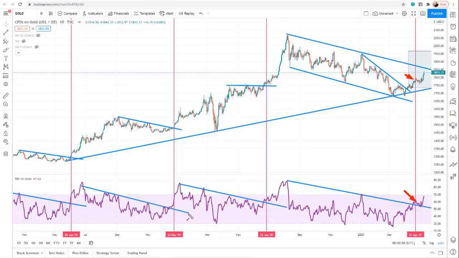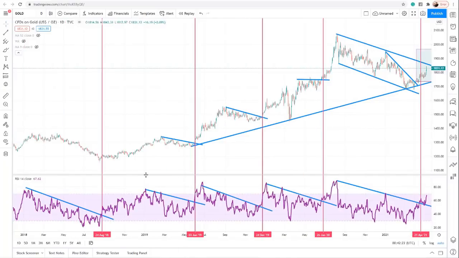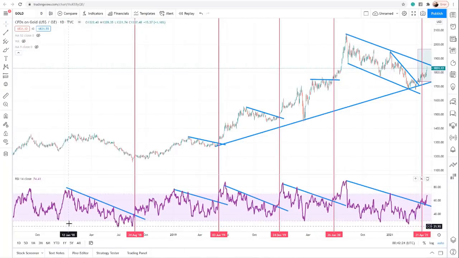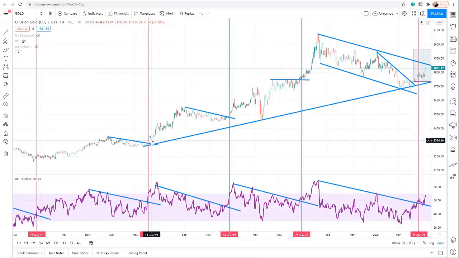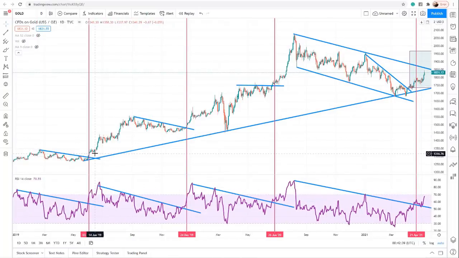This is one powerful pattern. Every time it's happened, this has been happening when? This has been happening since 2018. And again, it takes so long to develop that it's a pretty powerful pattern to say we're now likely to go for a bull move. Now, we never know how long that bull move is going to be. It looks like this is a daily chart once again, so it looks like it's going to be a month or two of upward movement after the break.